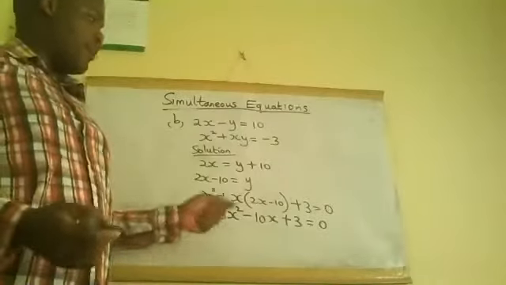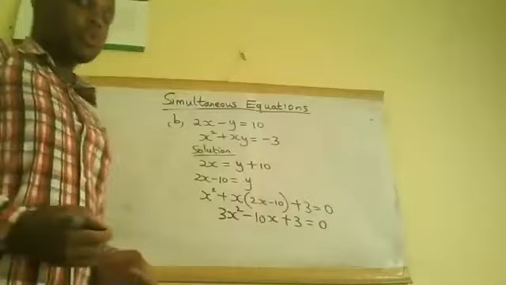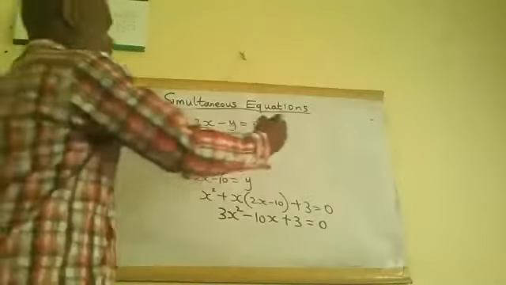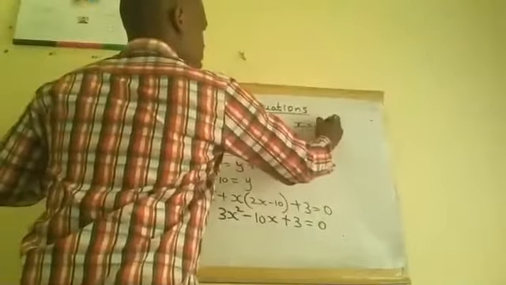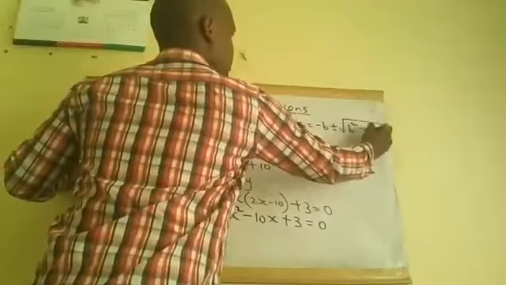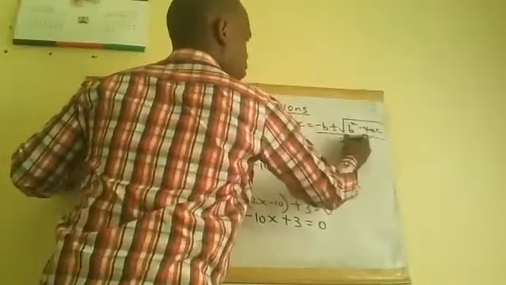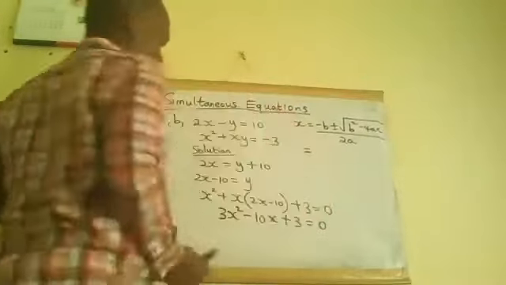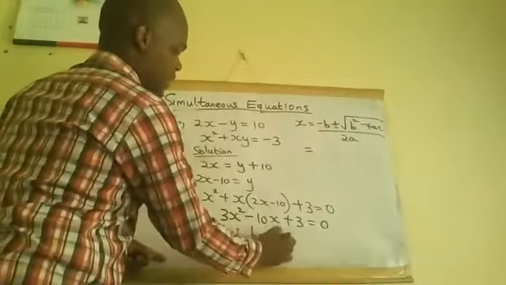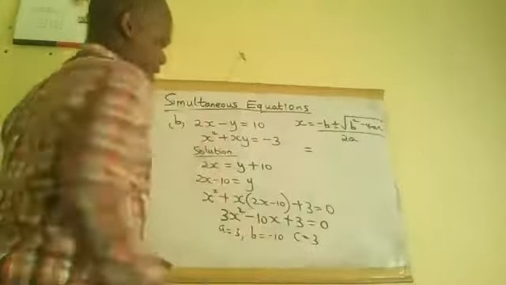Then from there, I can even use the quadratic formula, and then I say that x is equal to negative b plus or minus the square root of b squared minus 4ac, over 2a. So in this case, a is 3, b is negative 10, and c is 3.